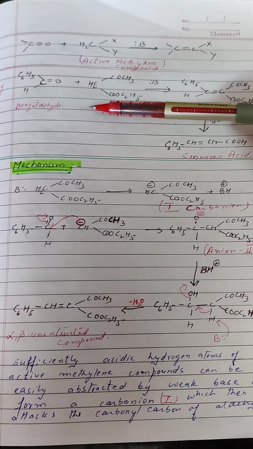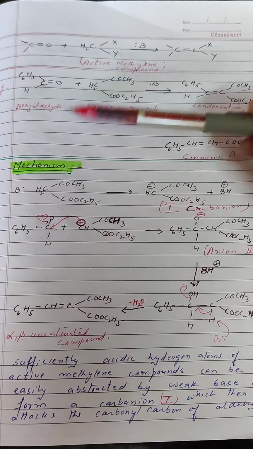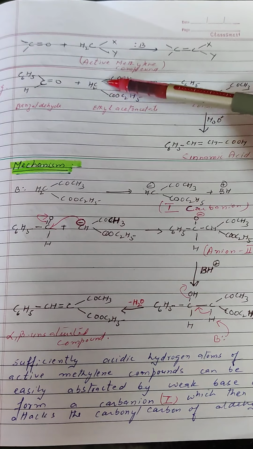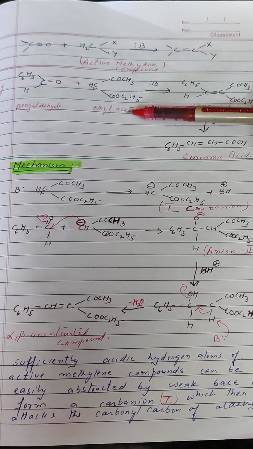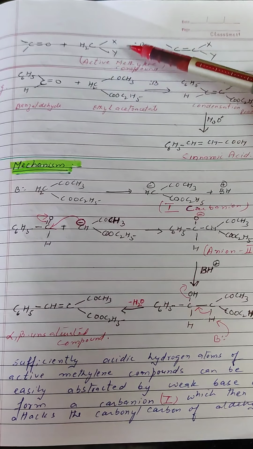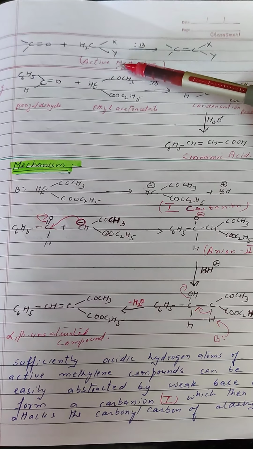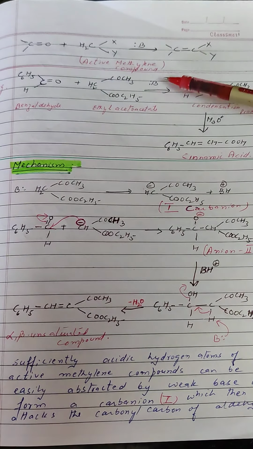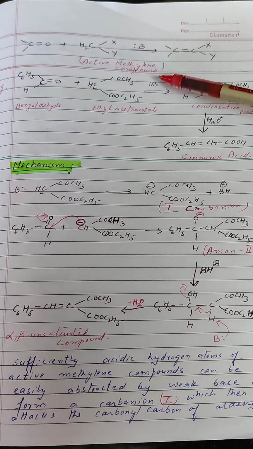I have taken a typical example of reaction of benzaldehyde with ethyl acetoacetate. Here this is the active methylene group and we have 2 electron withdrawing units on either side of the active methylene group. Here the values of X and Y are different. They can be same or they can be different. Now base taken here is pyridine.